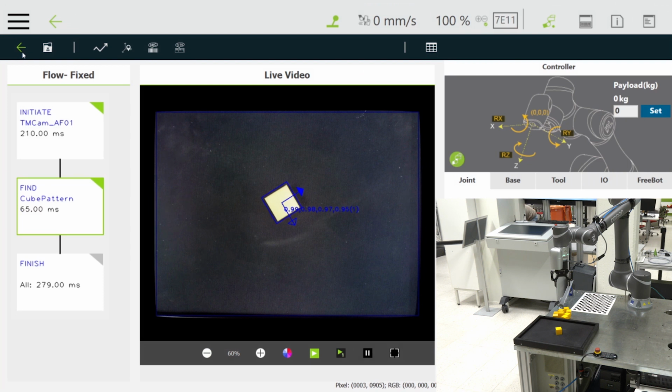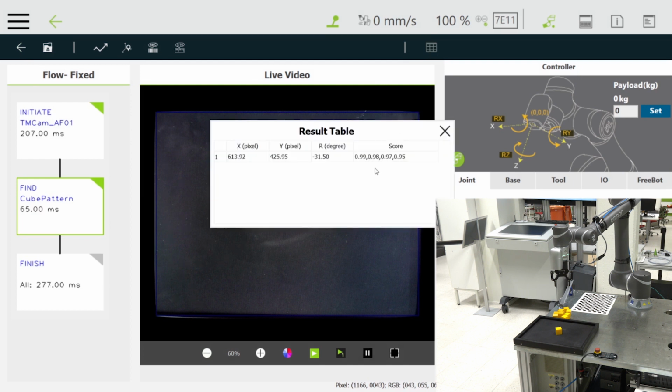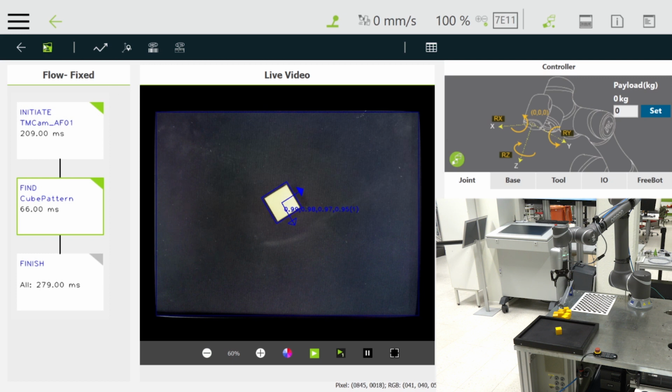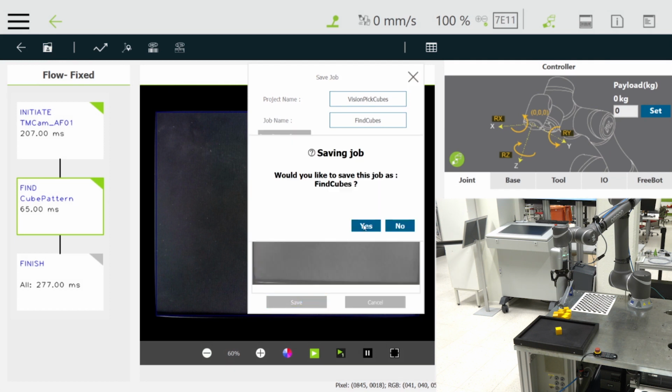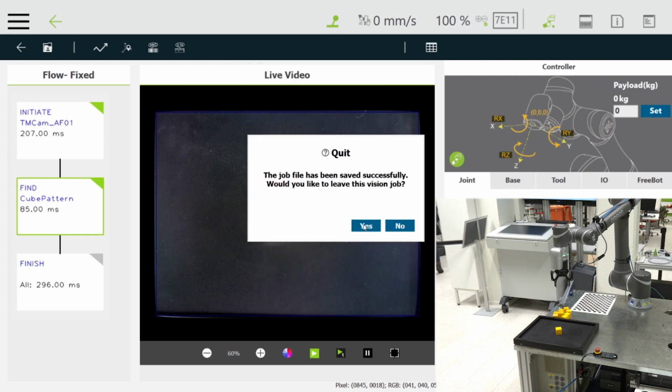Minimum score for acceptance and number of objects to find can also be set up. All the results and their values can be checked from the result table. Lastly, the vision tasks are saved and the just made vision project is selected to use.